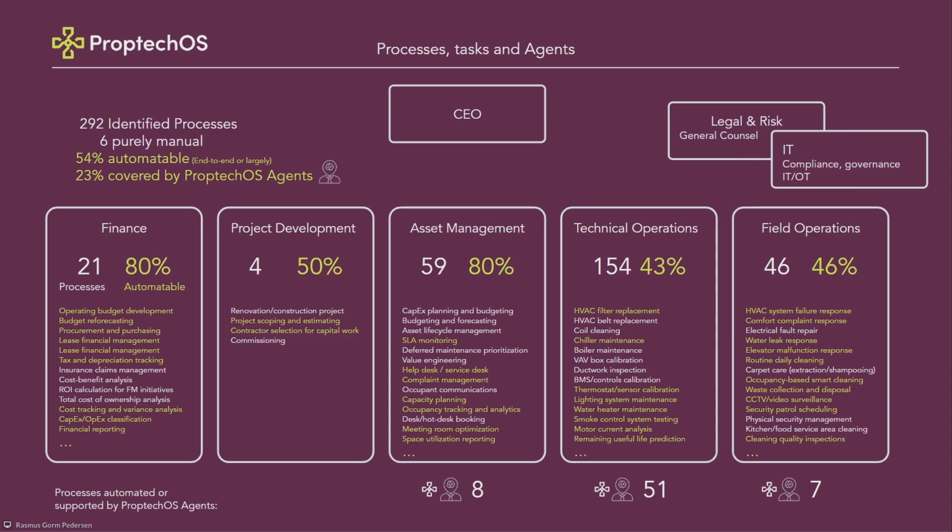We are obsessed with this 37% of all work in the real estate industry being automatable with last year's technology. And this is our developing story of what that work is, and what of it is automatable or supported by our agents. Yeah.